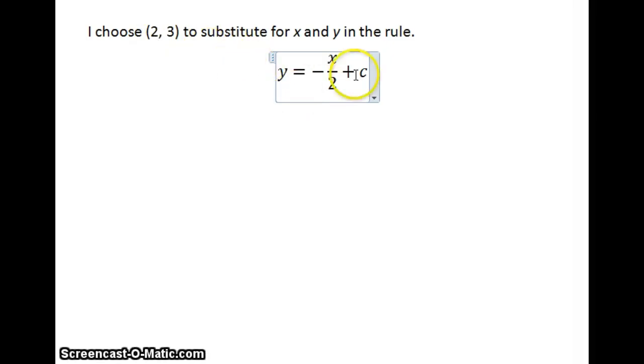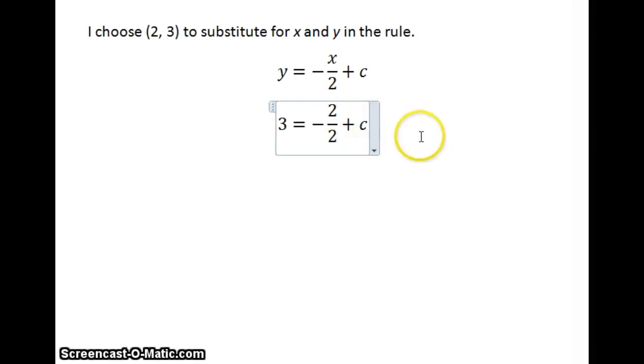I'm going to change it, so just so people know what I'm doing, first thing I'm going to do is copy it, paste it on the next line. I'm going to put y is 3, and I'm going to put x is 2. Then I'm going to simplify the answer.